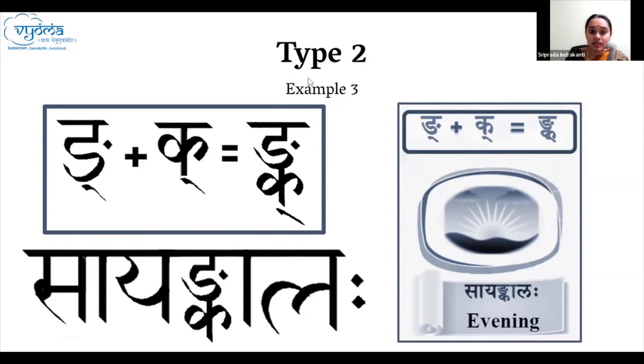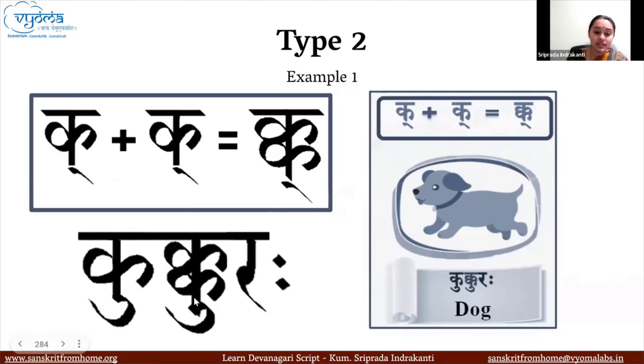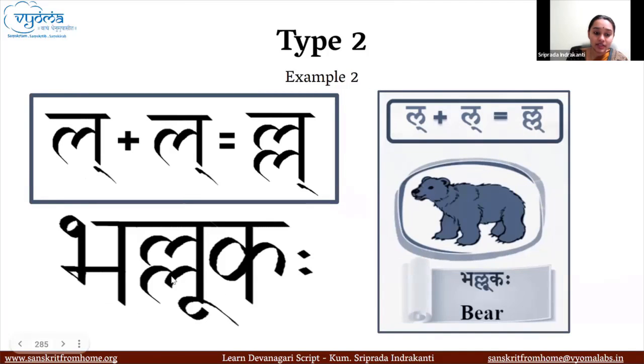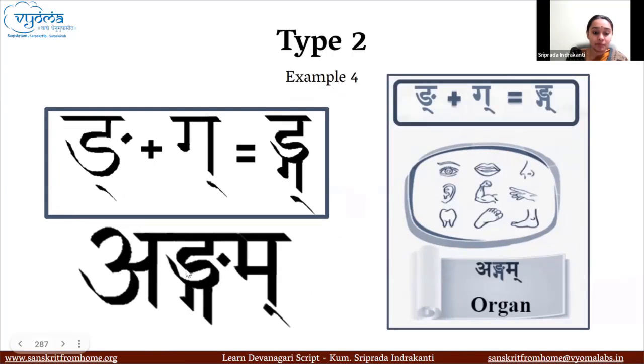Yeah, so this is the second consonant is written below it. So in every example, you see the second one is written below. And here as well, ng and k. So k is written below and the first consonant is written fully. This is angam.